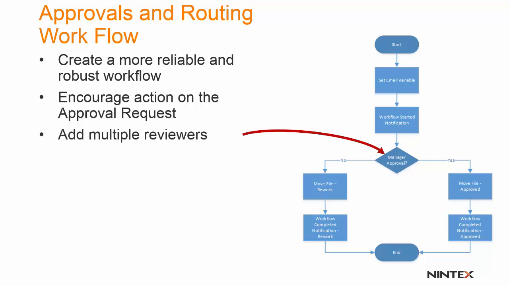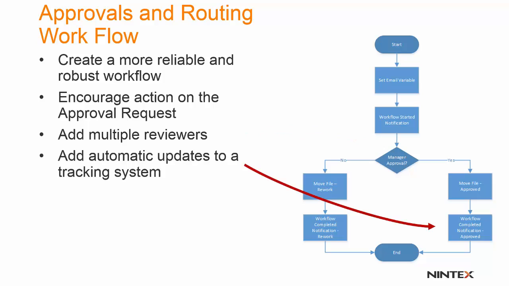You can also quickly add multiple reviewers by copying and pasting the approval action in your workflow. These can be in parallel, where you need both approvals before you move on, or in series, where you first need one approval and then a second. And you can also add automatic updates to a tracking system such as Salesforce, where the document approval takes you to a next step in a process.